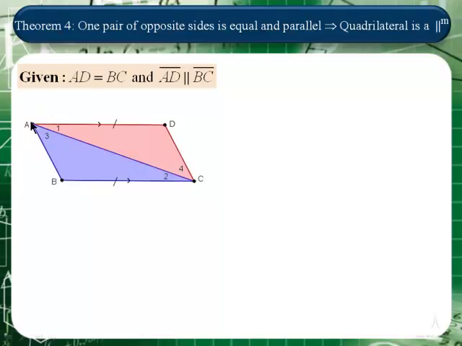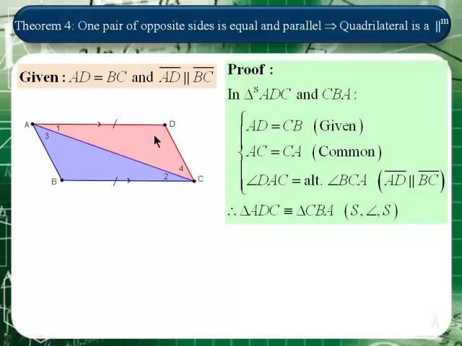We know that AD is equal to BC, and furthermore that AD is parallel to BC. If we want to show that this quadrilateral is a parallelogram, we only need to prove that line segment AB is also parallel to line segment DC, because then according to the definition the quadrilateral will be a parallelogram.